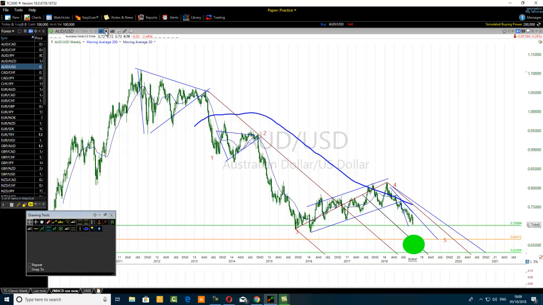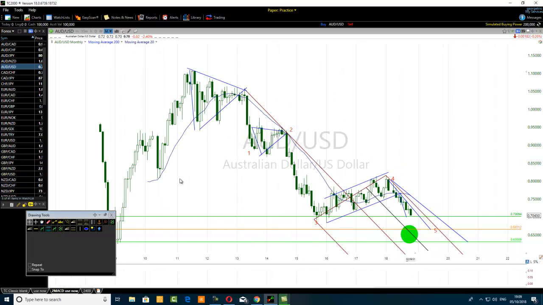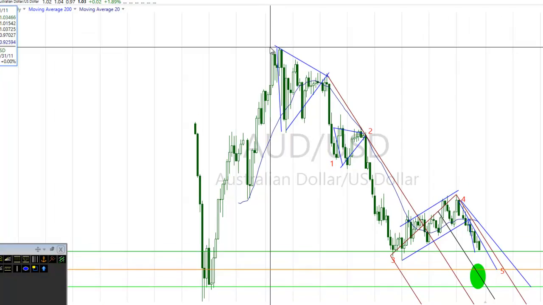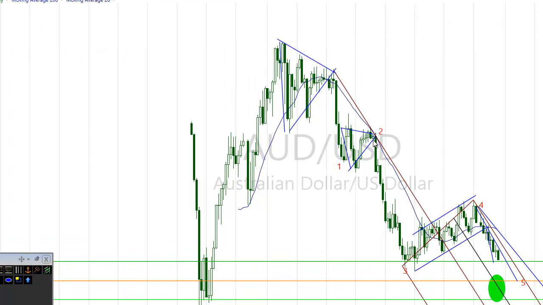All right. Anything else that we can talk about? Talking about the price action of the Australian dollar US dollar, the price went up all the way up here and found resistance at 1.1107. And now it's turning around. It's going down, looking for a better support level.